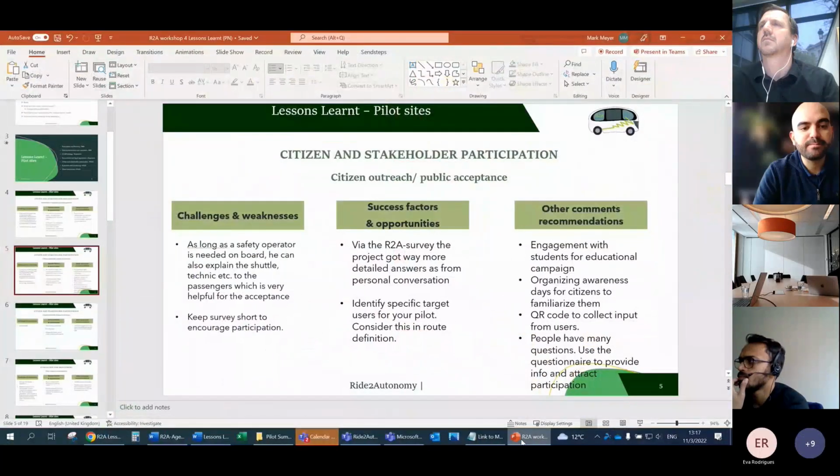I see Francesco is on the call, so please also remember to fill that in for Reggio Emilia. For Barcelona, we're also still missing the input, and I'll make sure to remind Christian about it. I think those are the only ones missing.